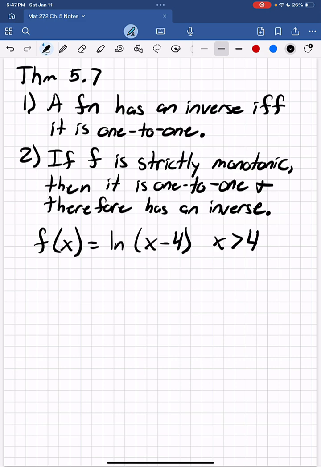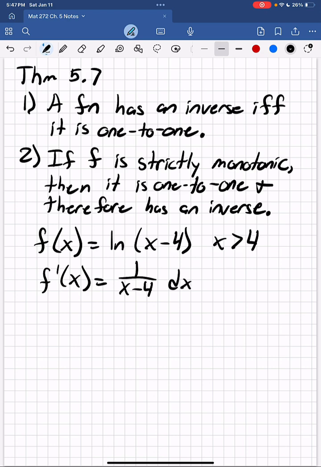So then I could take the derivative, because the derivative is just a slope. The derivative of this is 1 over x minus 4.